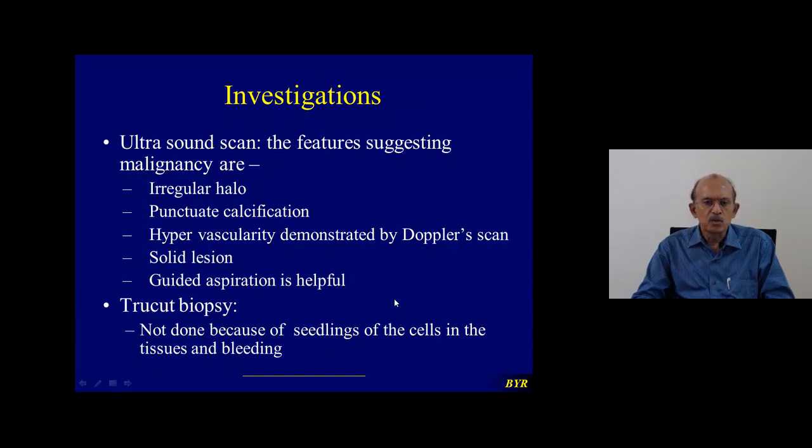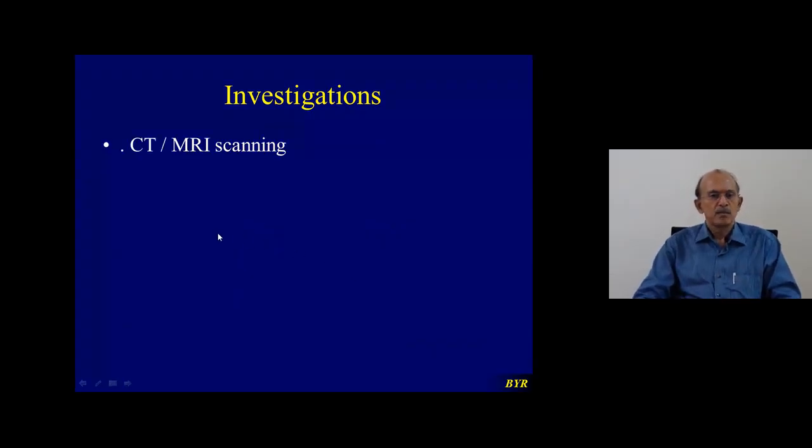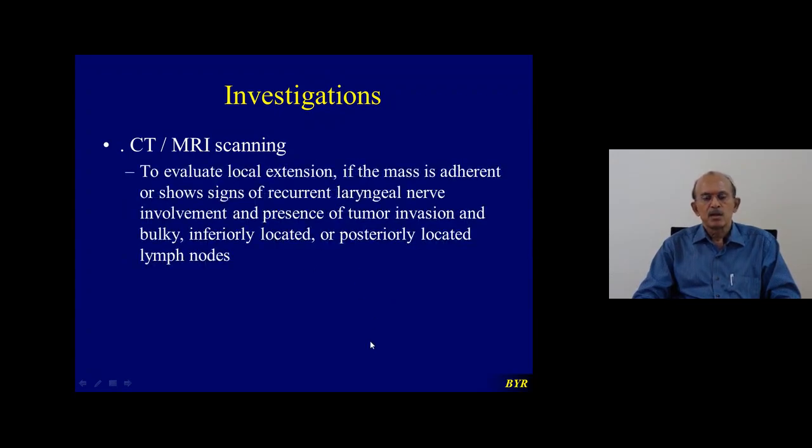That's why you don't do Tru-cut biopsy for thyroid lesions. CT or MRI scanning is used to evaluate local extension if the mass is adherent or shows signs of recurrent laryngeal nerve involvement, and the presence of tumor invasion and bulky inferiorly or posteriorly located lymph nodes.